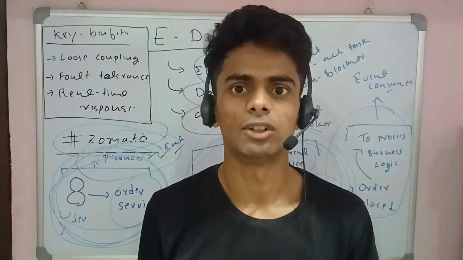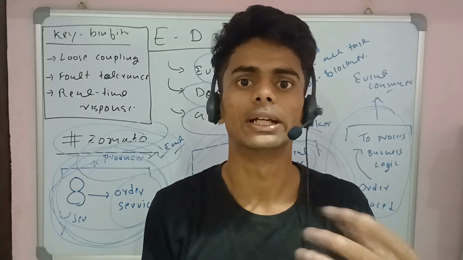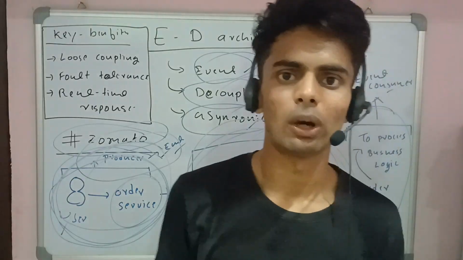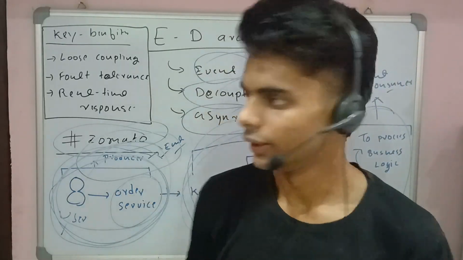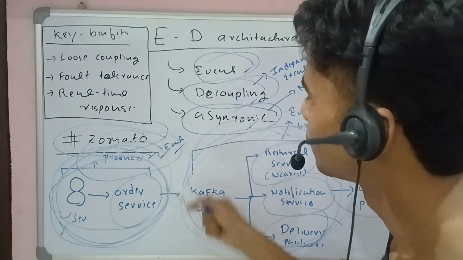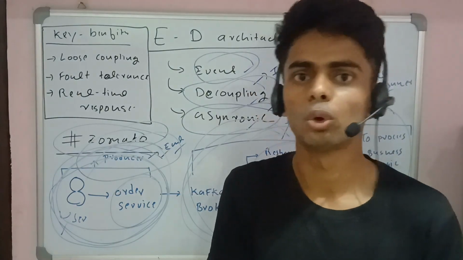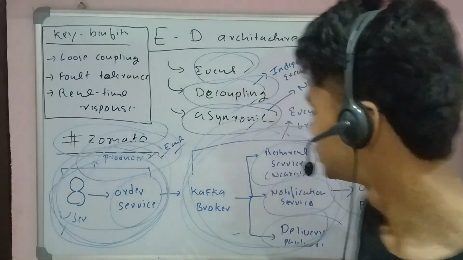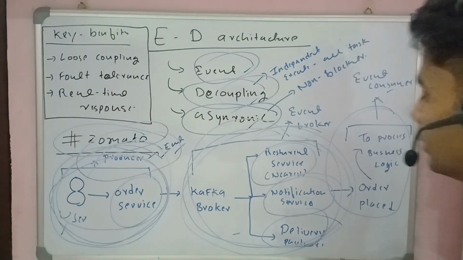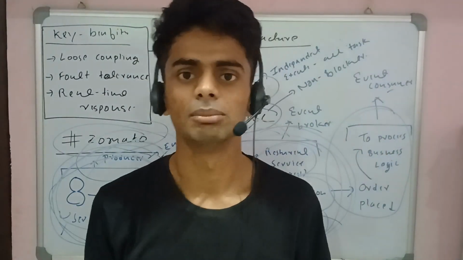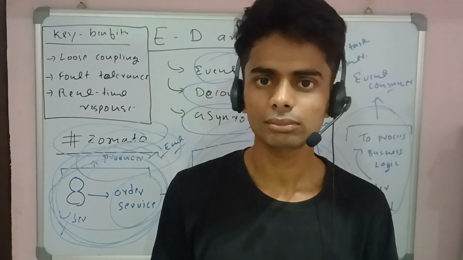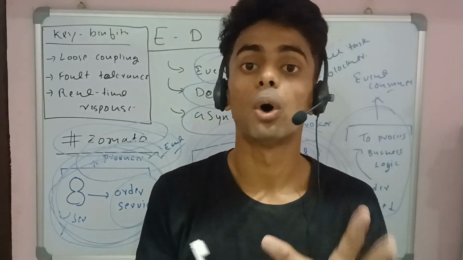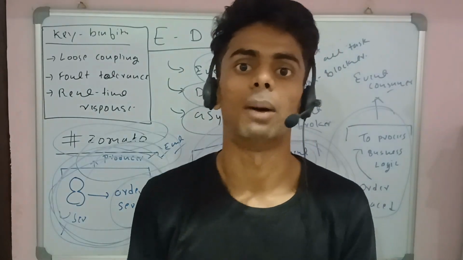You want to create a system, but you don't know what the consumer side is. You only place an order, and you don't have to handle the restaurant service, notification service, and delivery partner, because all of that happens automatically in the backend. So we don't need to handle those logical parts.